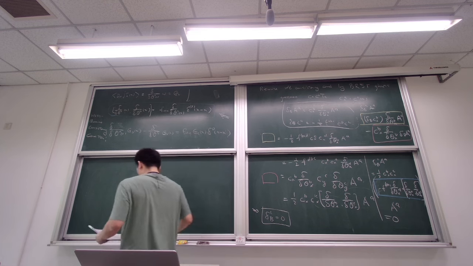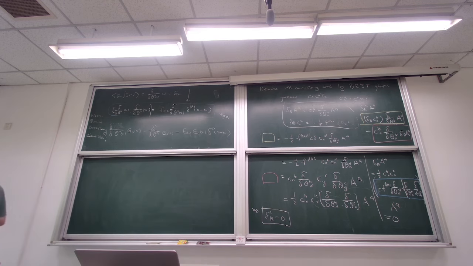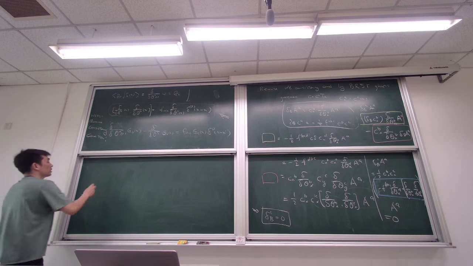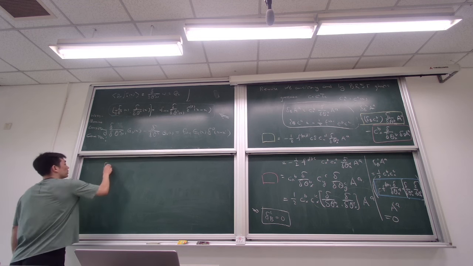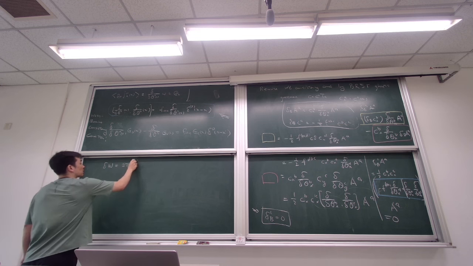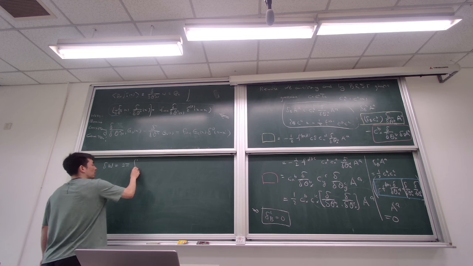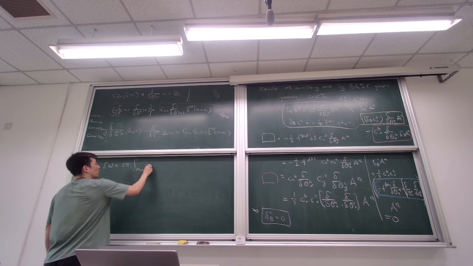And we know that this delta W is indeed given by 2 pi plus some, we want to write down this is m to n, omega to n.